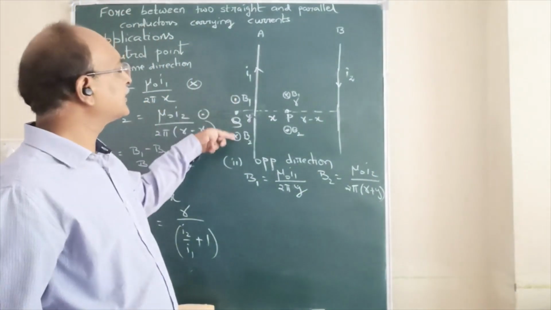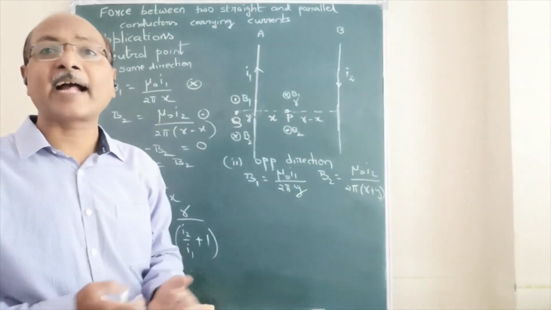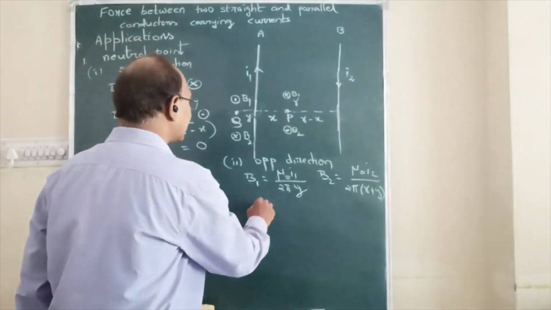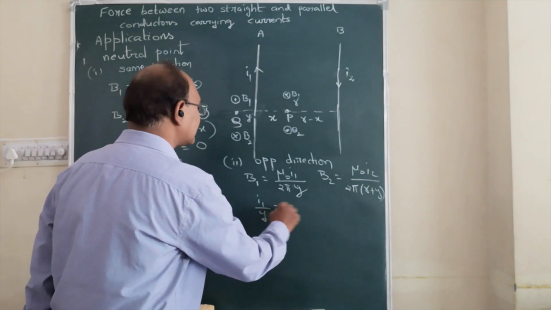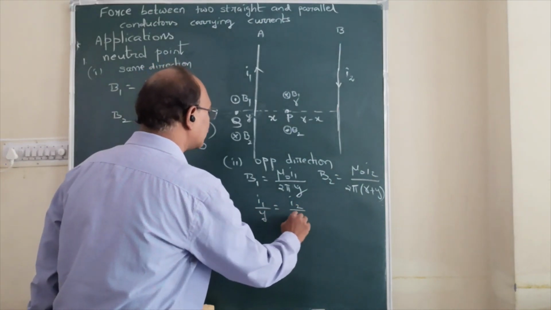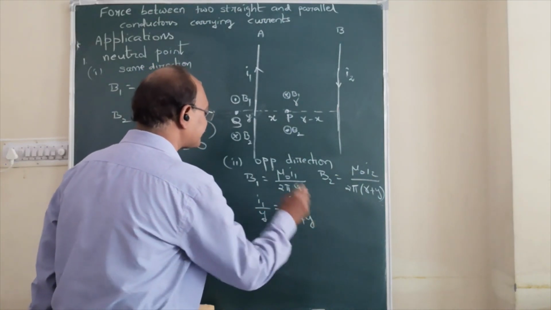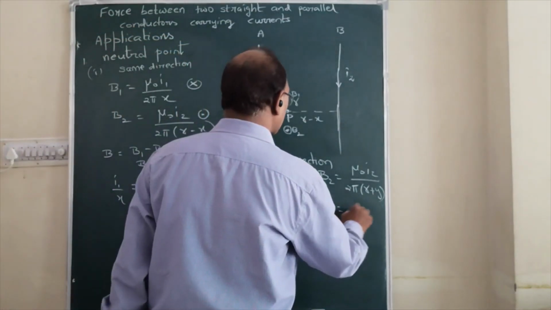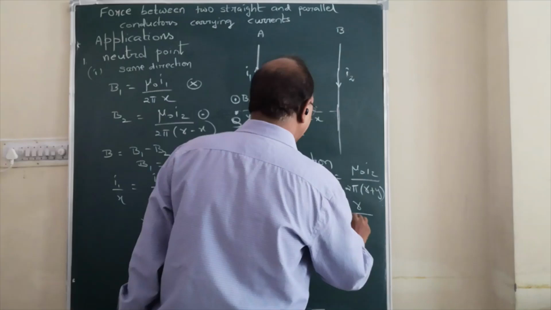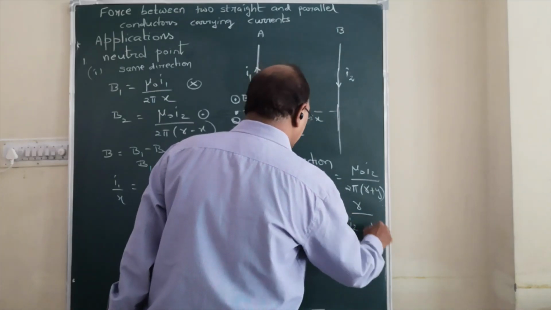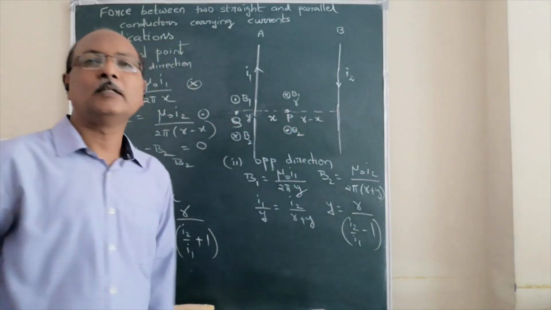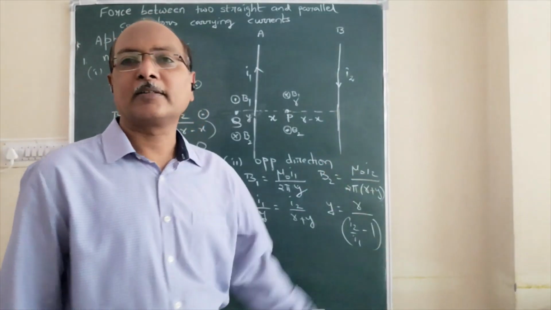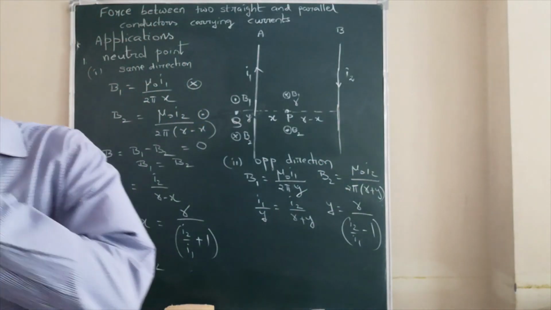Because they are opposite in direction, they can cancel if the magnitudes are equal. So we get I1 by y is equal to I2 by r plus y. From this, y is equal to r by (I2 by I1 minus 1). So that is the expression for the distance of the neutral point.